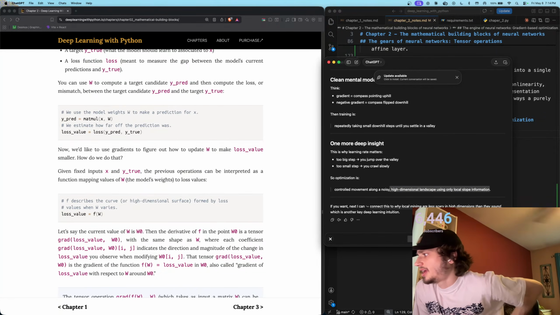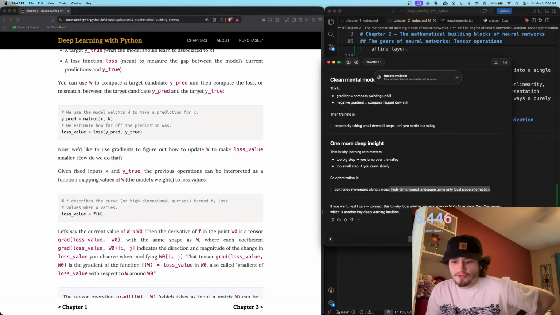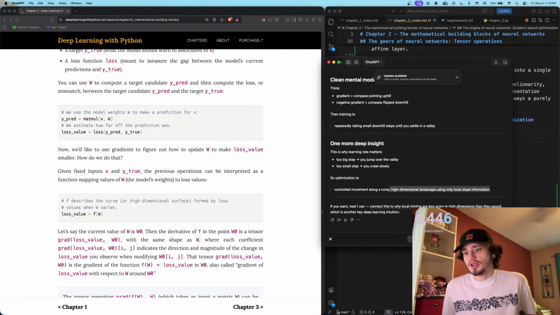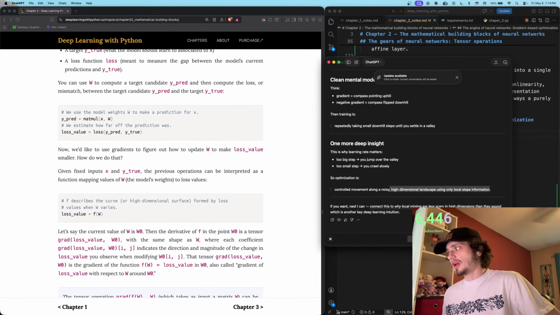So like you said at the end there, you're using controlled movements to step down along the gradient, the most optimized path to reach the local minimum fastest, by following the negative gradient, or the inverse of the positive gradient, for that specific weight vector.